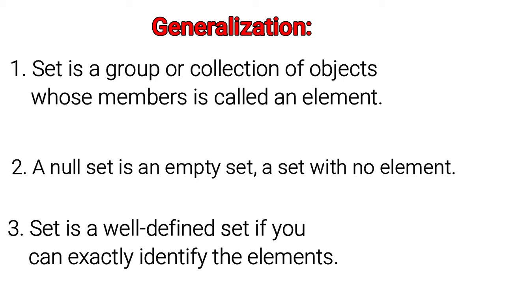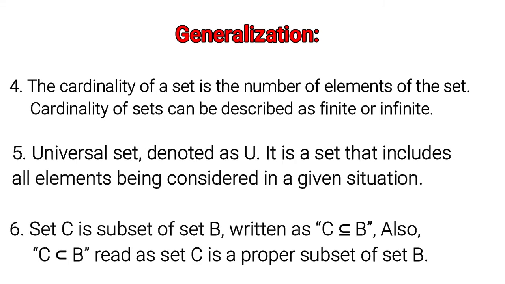Number 2, a null set is an empty set, a set with no element. Number 3, a set is well-defined if you can exactly identify its elements. Number 4, the cardinality of a set is the number of elements of the set. Cardinality of sets can be described as finite or infinite.